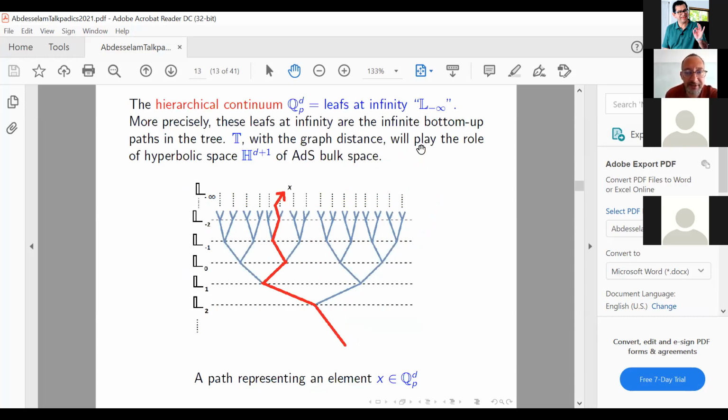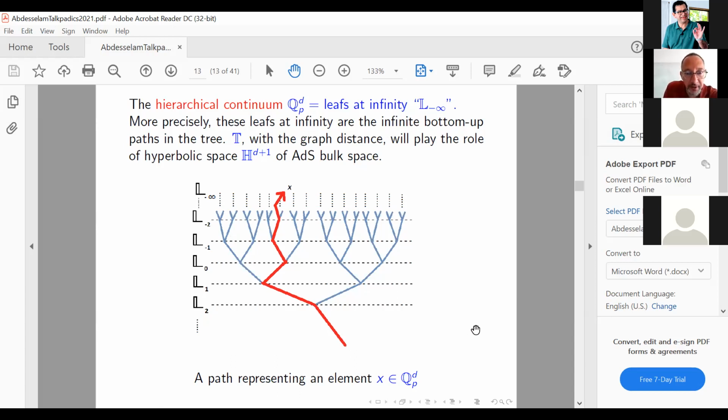Whereas the tree itself, as an infinite graph, is going to play the role of the hyperbolic space, because it's a graph, so it has a graph distance, which is just how many edges between two points. And using this picture, a point in Q_p^d is the same as a path along this tree coming from way down below at infinity.